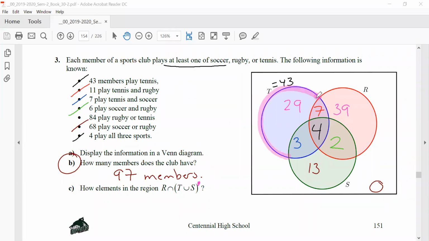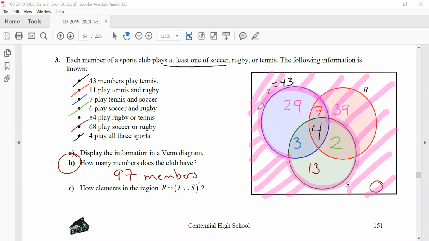T union S. There's T union S. Now I want not T union S. So I'm reintroducing the prime, not T union S. So I want everything outside T union S. Like that, right?